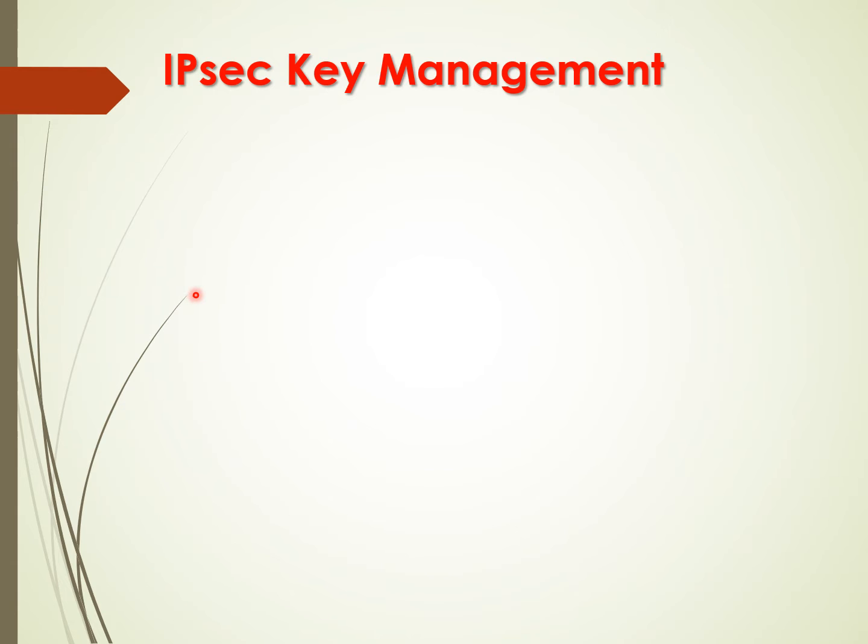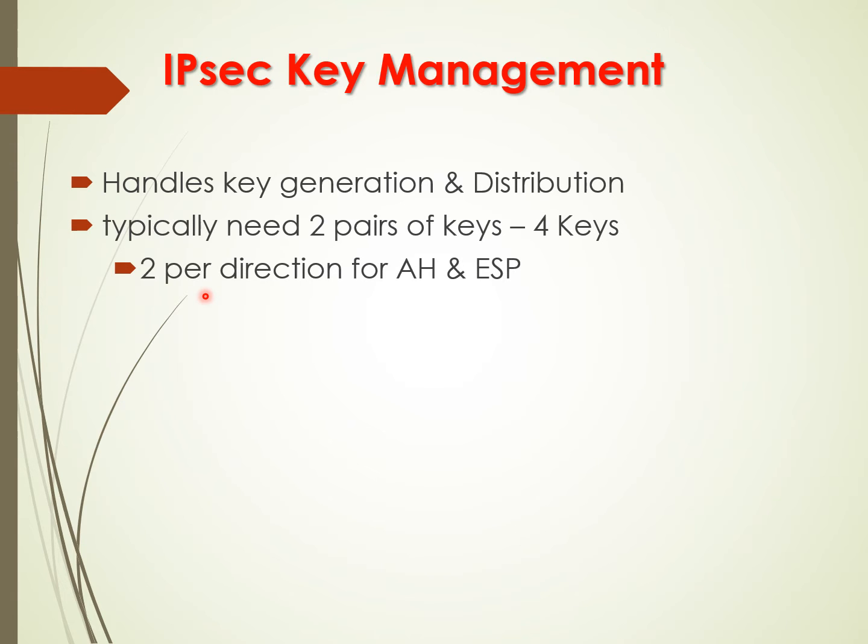The key management portion of IP security involves the determination and distribution of secret keys between sender and receiver. Typically, it needs two pairs of keys, that is 4 keys are required: 2 keys per direction for the authentication header protocol and the encapsulating security payload.